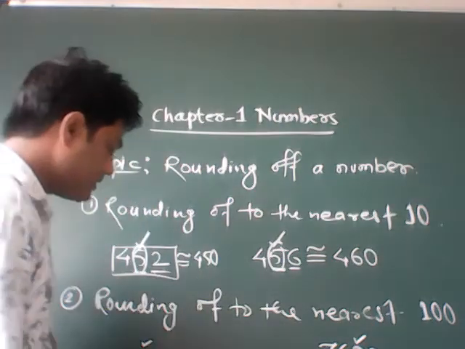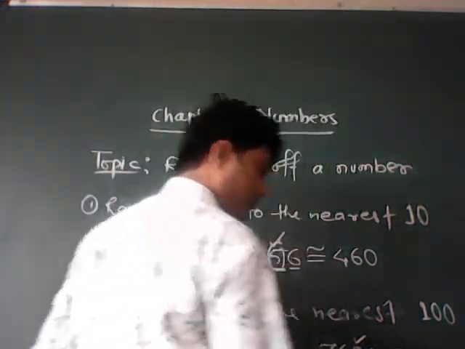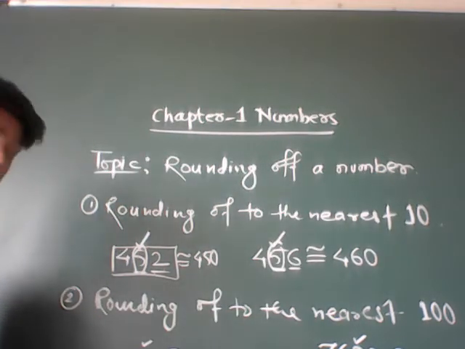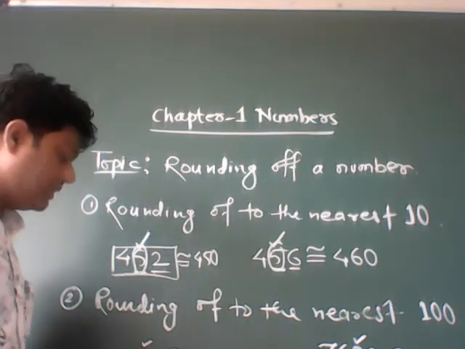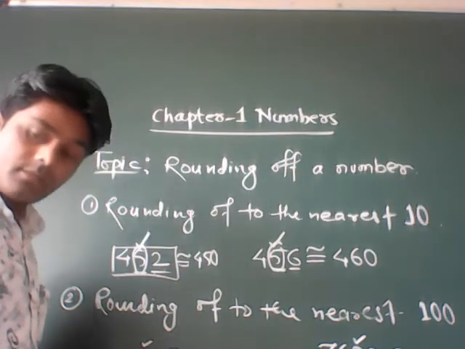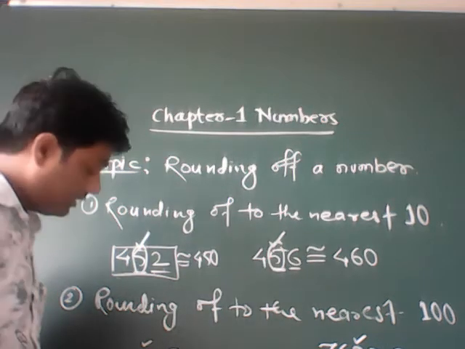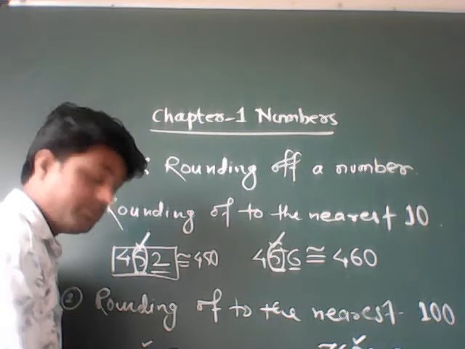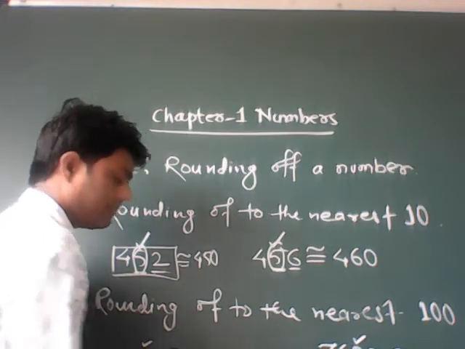As I told you the rule just now, this is the sign for estimation. Now we have to check whether this digit is less than 5, greater than 5, or equal to 5. Here is 3, which is less than 5, and therefore these two places will become 0, and there will be no change in this number. So it will be 7600, simple: 76 as it is, and here 00.